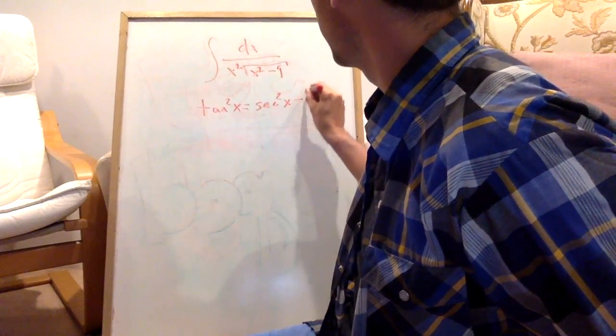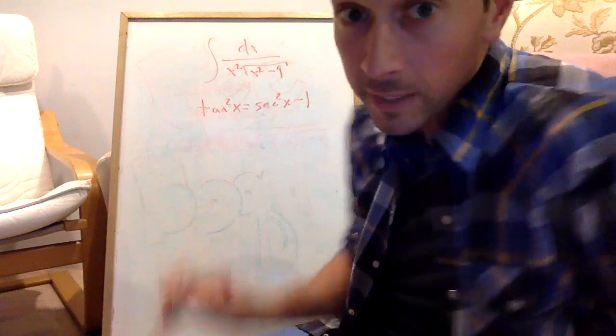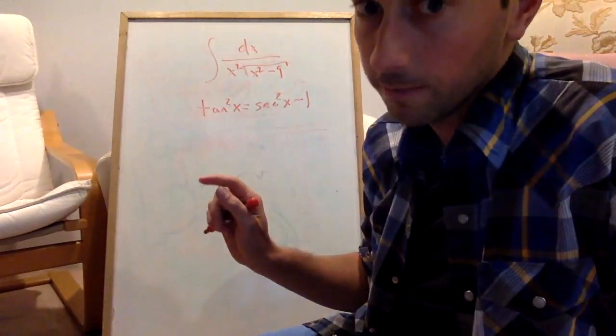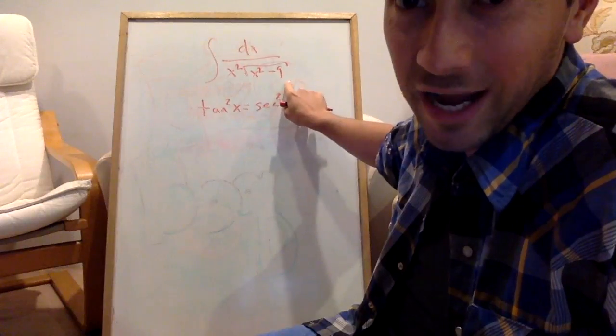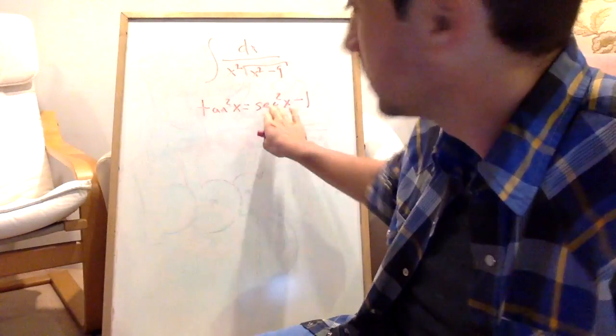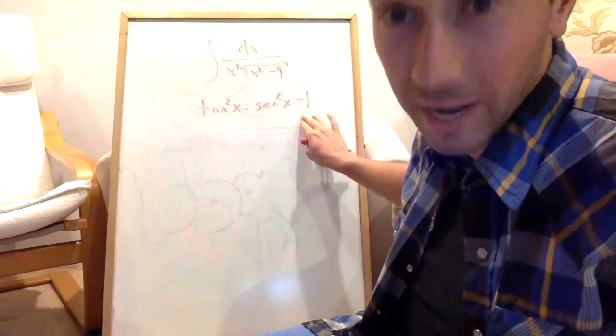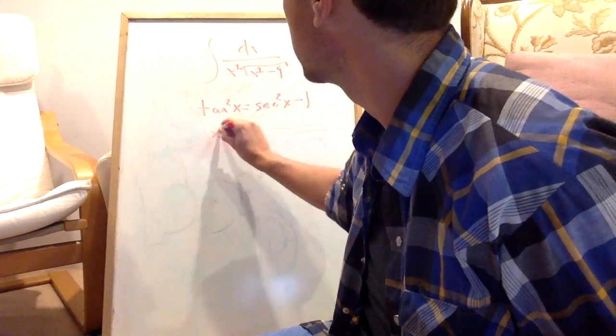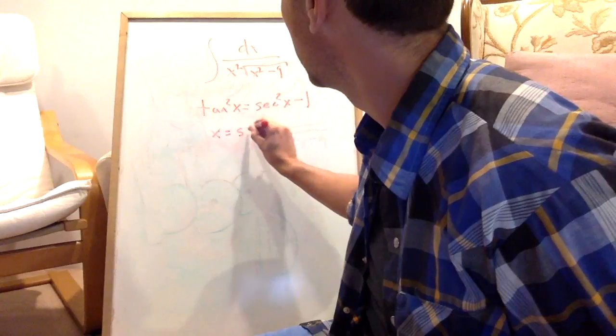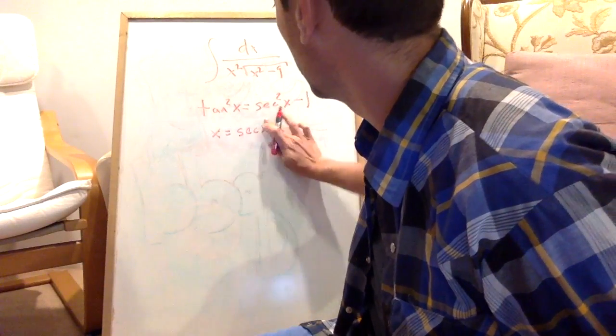So we know this from our trigonometry: tan squared equals secant squared minus 1. And inside here, x squared minus 9 feels like secant squared minus 1. So I'm going to choose x equals secant, sorry.